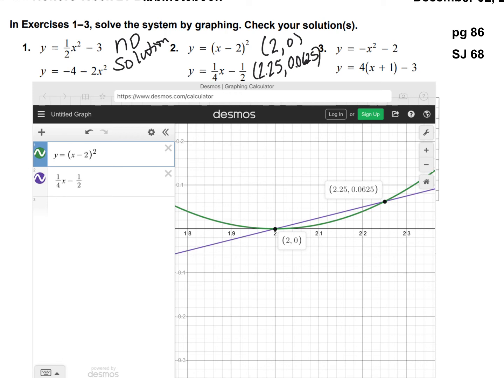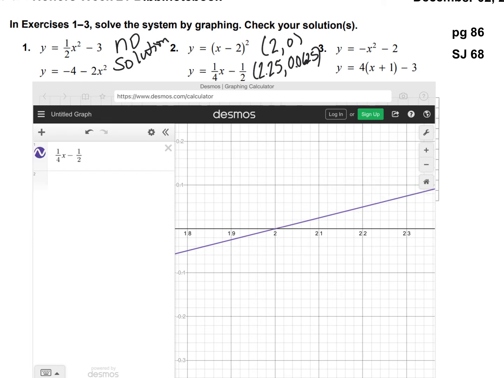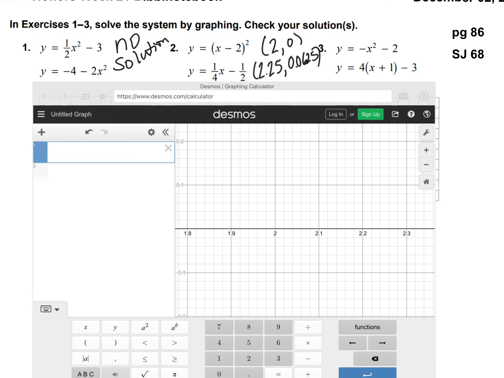Let's graph number 3. Y equals negative x squared minus 2. And I'm just going to type in y equals again.